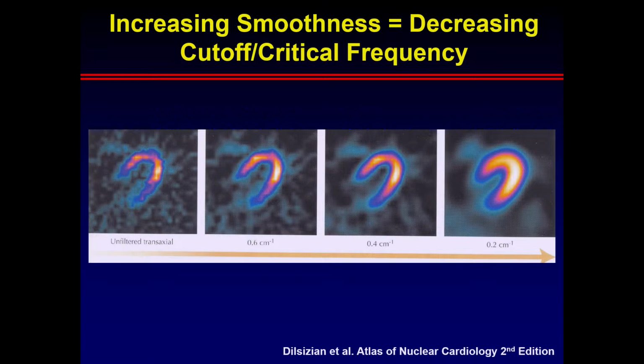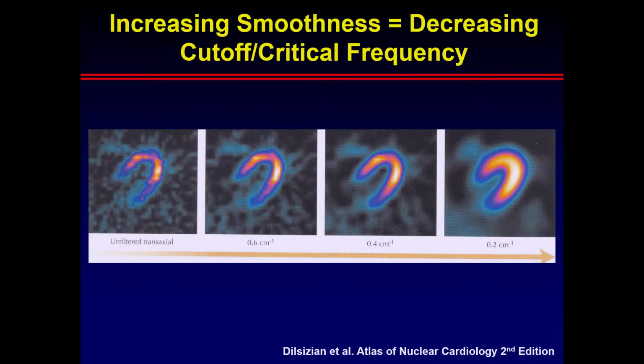And you can see how blurred the image gets toward the right. Okay, so again, it's a matter of gradually adjusting frequencies to your liking to be able to better interpret a study.